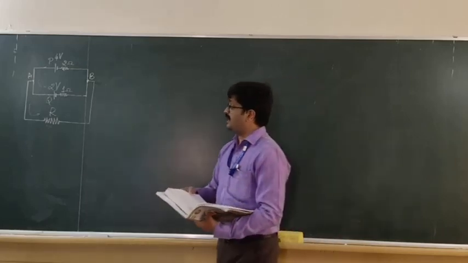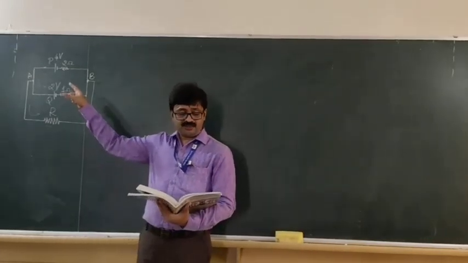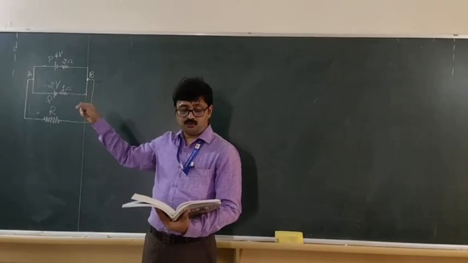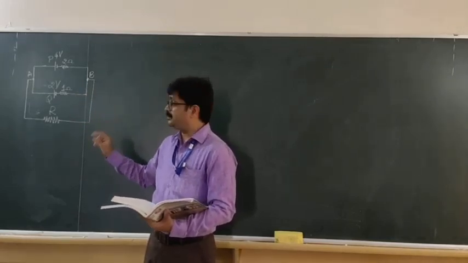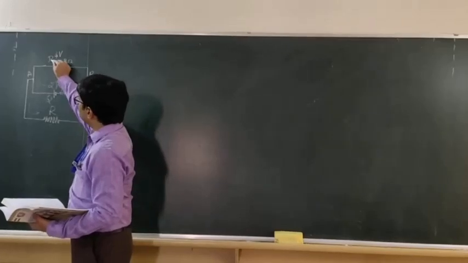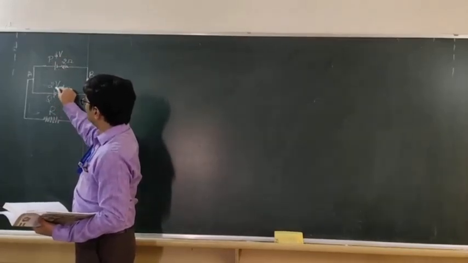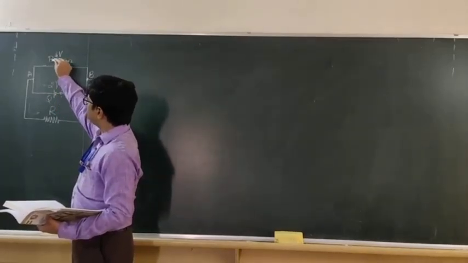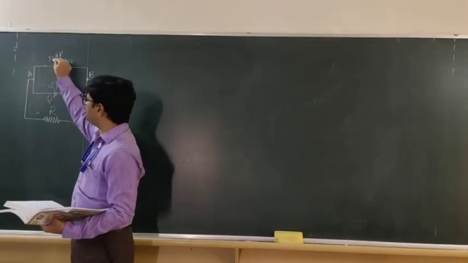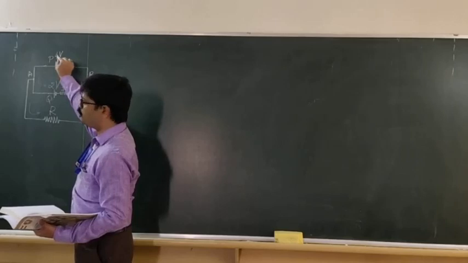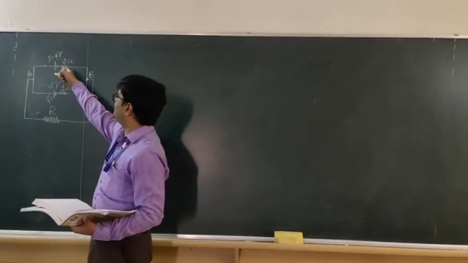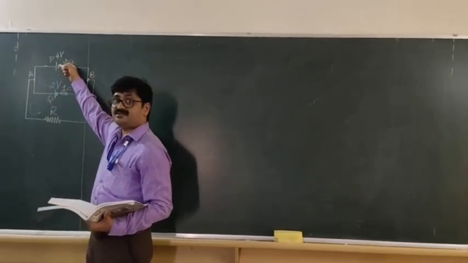Okay. So as per the given, two cells of EMF 4 volt and 2 volt and internal resistance 2 ohm and 1 ohm respectively are in parallel. So we are considering two cells, 1 and 2 here. Okay. And we have fixed these two cells at points P and Q. Okay. And first cell is having 4 volt EMF and internal resistance is 2 ohm.